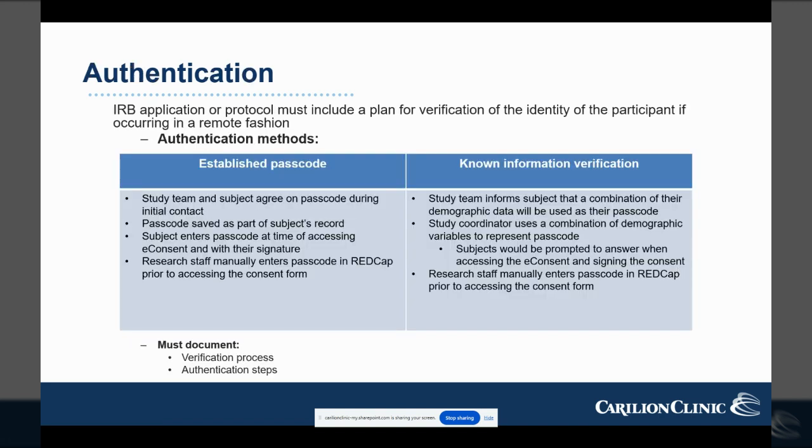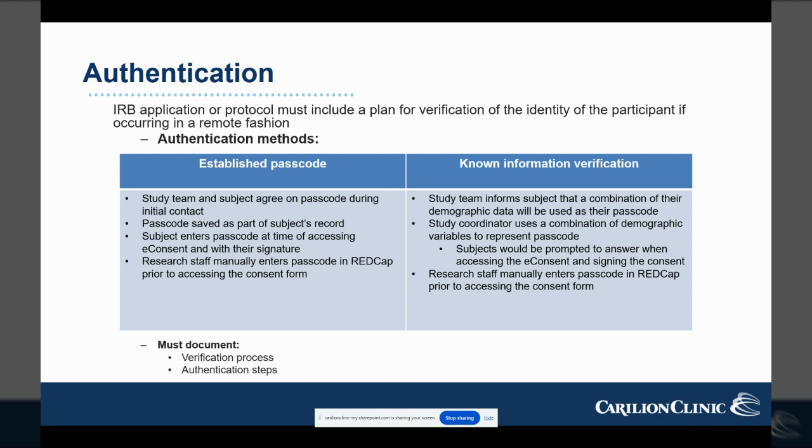For remote consent processes, proper verification is crucial. There are two main approaches. Established passcode method is number one. In this method, the study team and the subject agree on a passcode during initial contact. The passcode becomes part of the subject's record, and the subject enters this passcode when accessing and signing the e-consent.